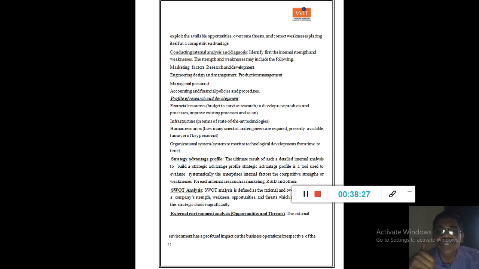It's a tool used to evaluate systematically the enterprise's internal factors, the competitive strengths or weaknesses. For example, if you take internal areas such as marketing, R&D, and others, what are your strengths? Next important topic is strategic management.